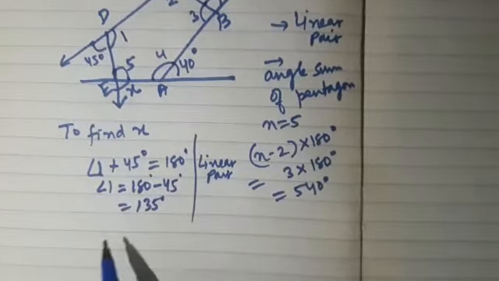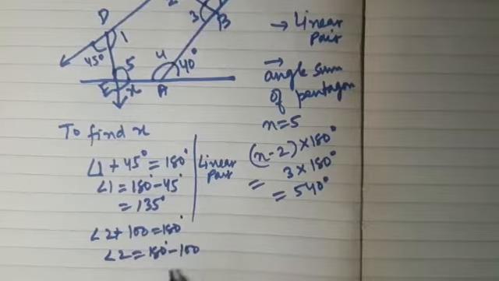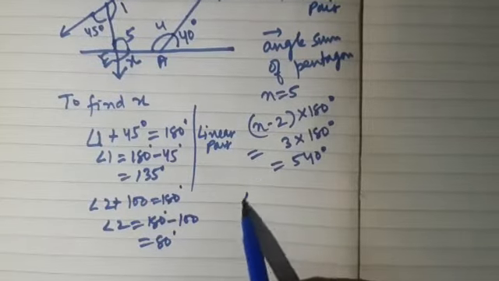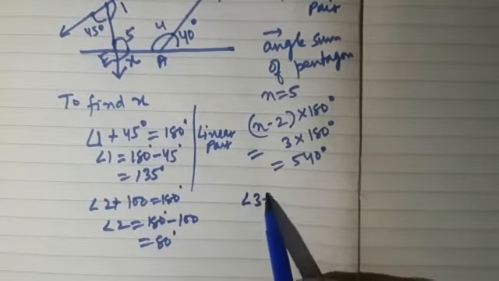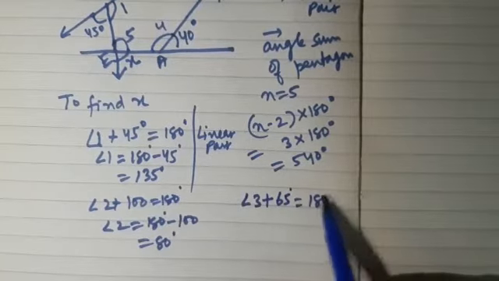Similarly, we are going to find out angle 2. So angle 2 comes out to be 180 minus 100, that is 80 degrees. Similarly, we are going to find out angle 3. So angle 3 plus 65 degrees is 180 degrees.